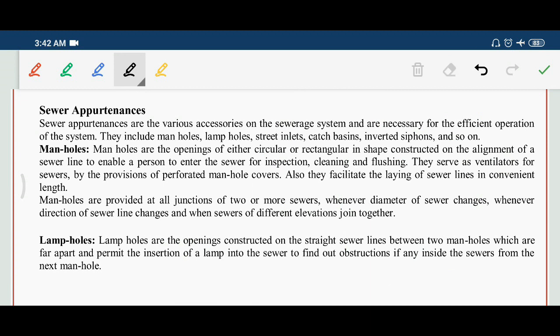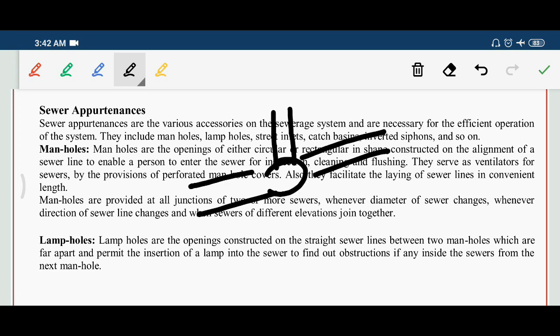One thing you have to remember is where the manhole is constructed. We provide it at all junctions. Let us say two or more sewers are intersecting, there will be a manhole.